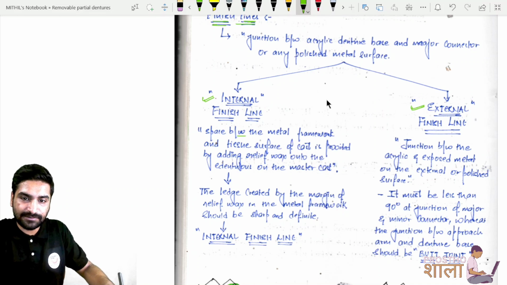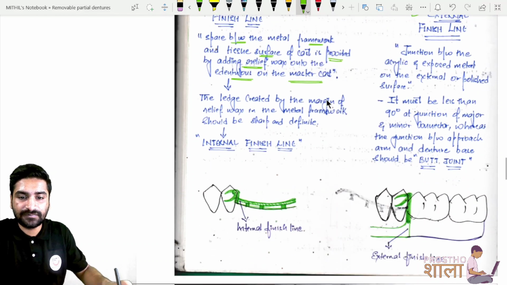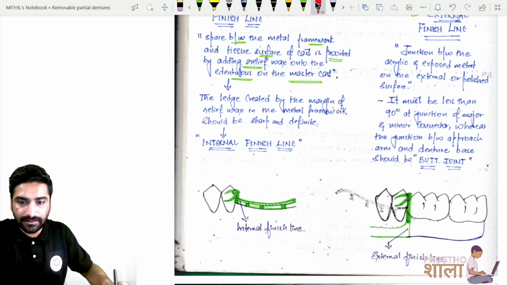So if the space between the metal framework and the tissue surface of the cast is provided by adding relief wax on the edentulous master cast, the way I explained over here, this is your metal bar, and with another color, if I draw over here, this space will be taken up by the acrylic. So this junction formed by the metal and the acrylic will be called the internal finish line.